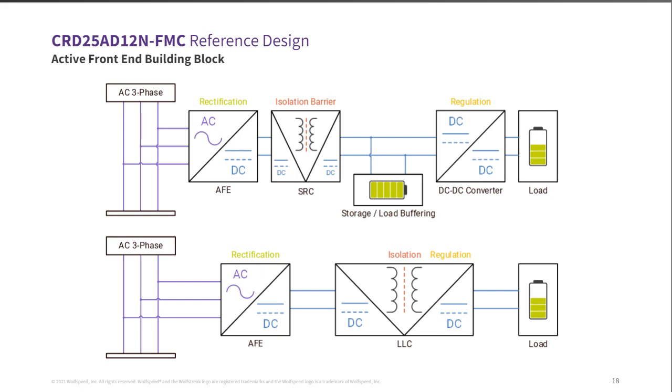So one of the key aspects of the Wolfpack platform is that it's easily scalable, and we provide many options to help you scale with power, or with switching frequency, or if you need a lower junction temperature to increase lifetime. So there's quite a bit of options from the Wolfpack power module platform to achieve your overall goal.